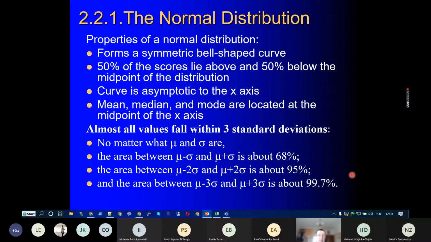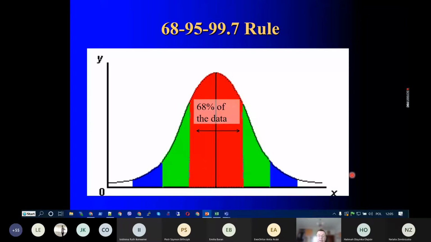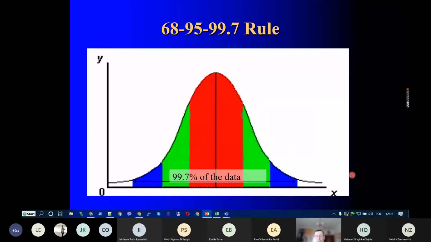No matter what the mean of the population and the standard deviation of the population are, 68% of observations will lie within one standard deviation from the midpoint, 95% within two, within double the range of standard deviation from the midpoint, and almost everything will lie within three sigma, three standard deviations from the midpoint. So here is how it looks: the 1, 2 sigma and 3 sigma rules.